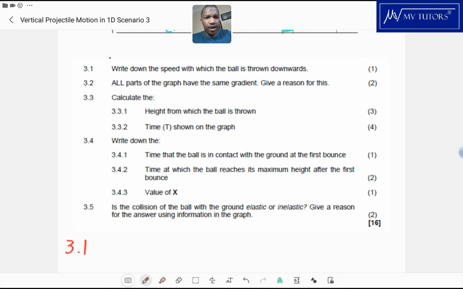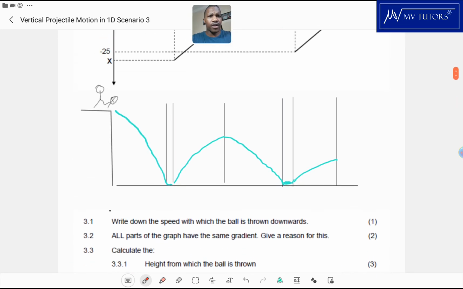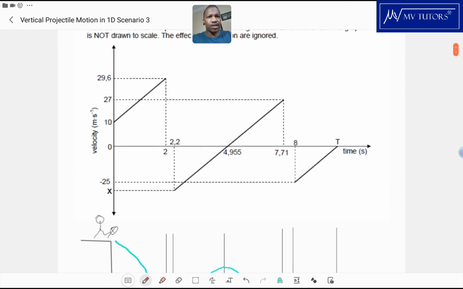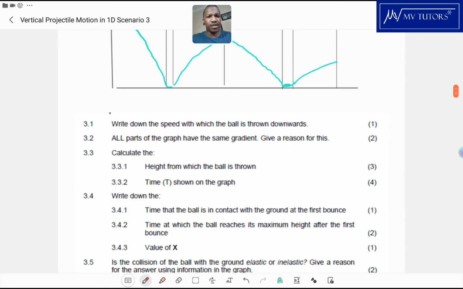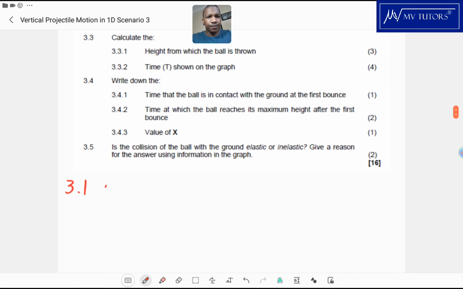So 3.1, write down the speed at which the ball is thrown. They want the speed at which it's thrown to the floor, and we can see that it starts at 10. So when they're throwing this ball, it's at 10 meters per second. That's it. Meters per second, that's how you write it.